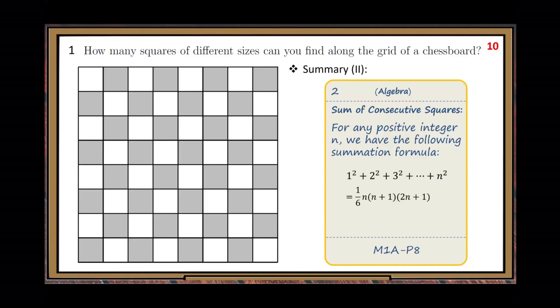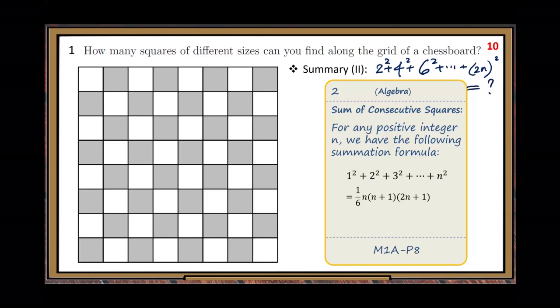So let me write the question here. We want to calculate the first n consecutive squares of even integers. So that is 2 square plus 4 square plus 6 square plus up to 2n square.